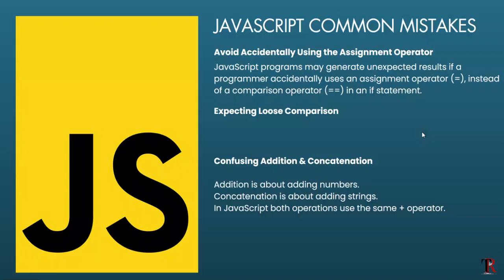Let's continue and talk about confusion between addition and concatenation. Addition is about adding numbers, concatenation is about adding strings. In JavaScript, both operations use the same plus operator. Because of this, if you add a number and a number, it will produce a different result from adding a number and a string.